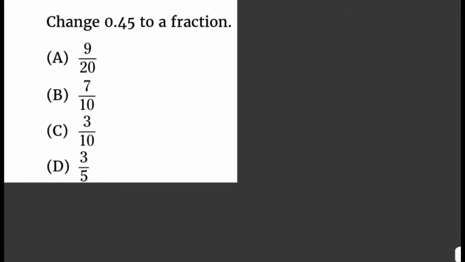Change 0.45 to a fraction. So how are we going to convert a decimal to a fraction? To convert a decimal to a fraction, we first identify the place value of the last digit of the decimal.